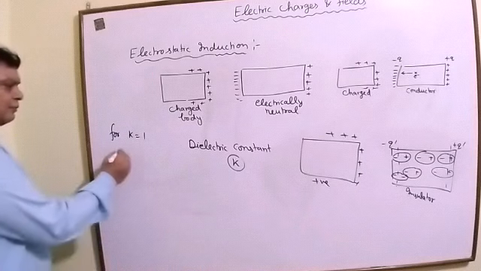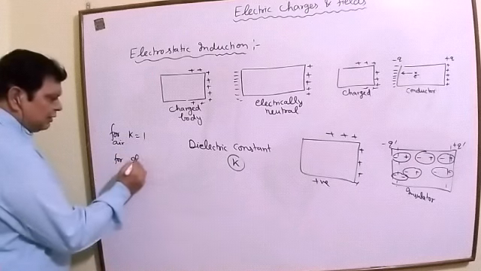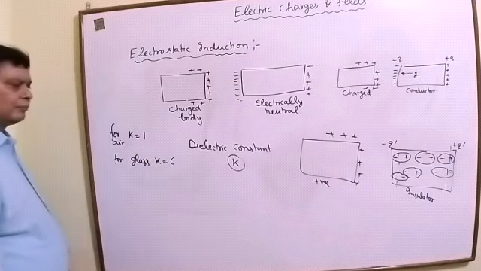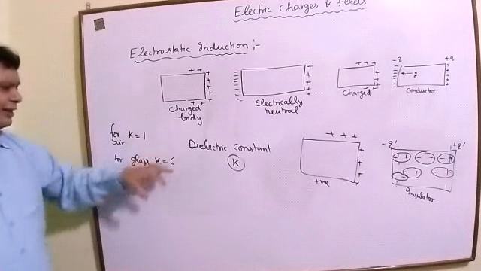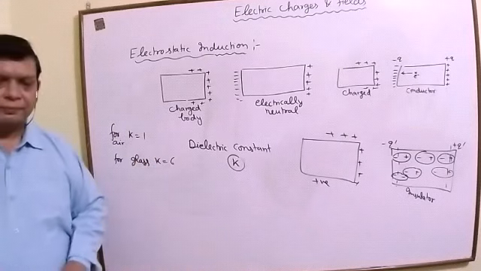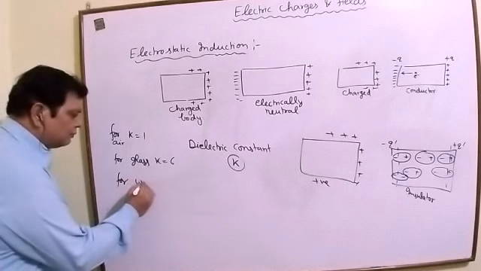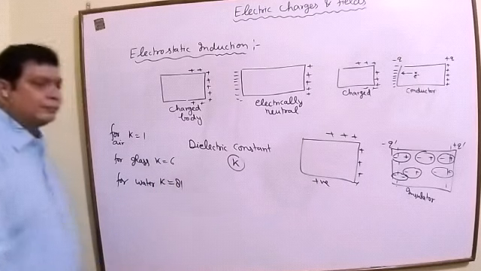For glass, the value of K is near about 6. Means glass is more easily electrically influenced. For water, the value of K is near about 81.